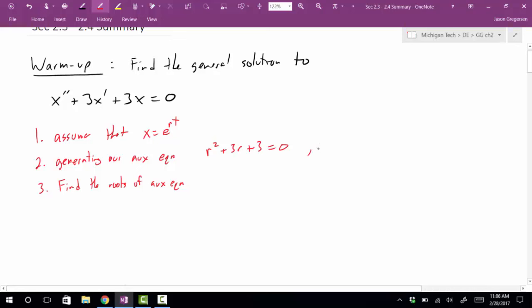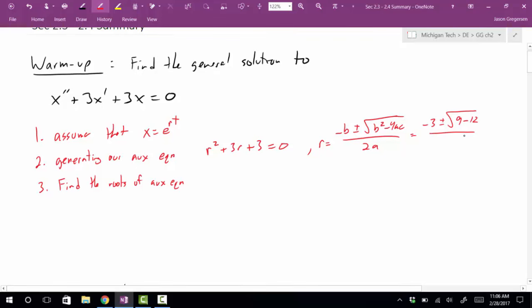Quadratic formula. So we have r is equal to minus b plus or minus the square root of b squared minus 4ac, all over 2a. In our case, we have b is equal to 3. So I have negative 3 plus or minus the square root of 9 minus 4 times 1 times 3, which is 12, all over 2 times 1, which is 2.